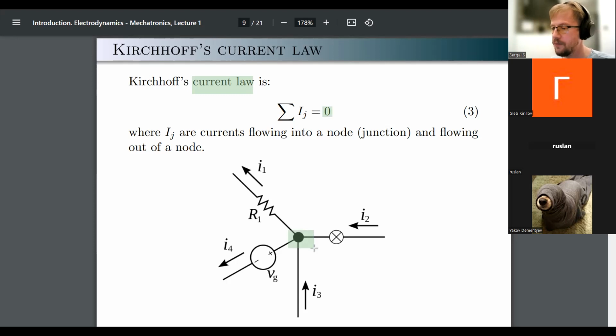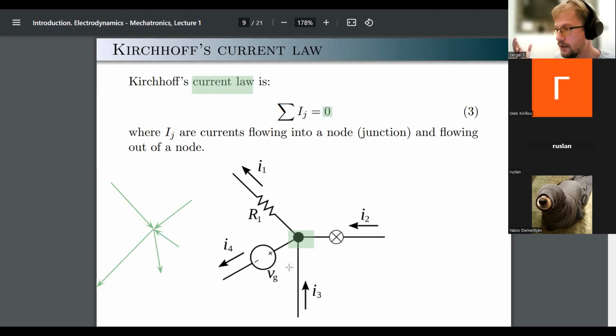The analogy with water would be like this: water itself is charge, and the amount of water per unit of time is flow. If water flows in and out of a junction, like you have pipes going in and out, let me draw an example. A pipe going in, a pipe going out, another going in, maybe another going in, maybe one other going out.